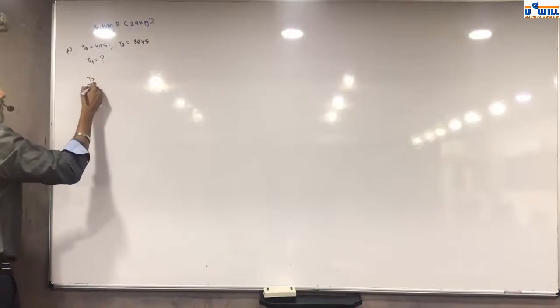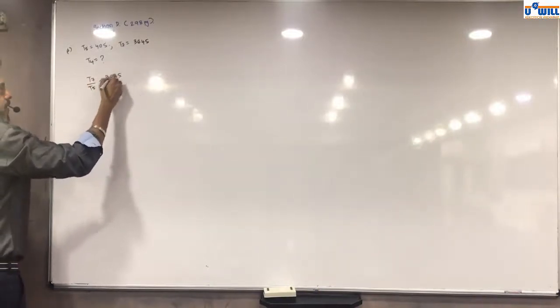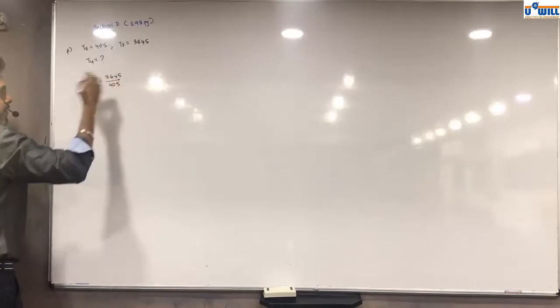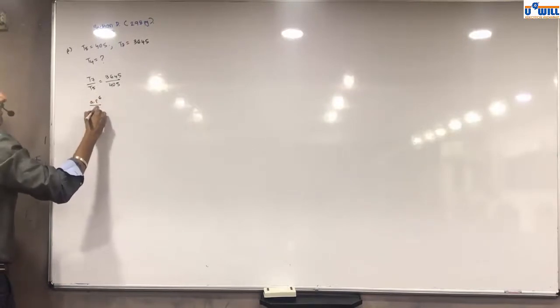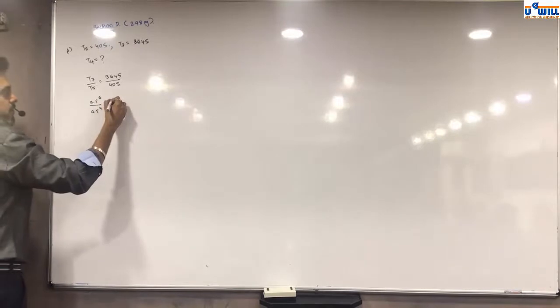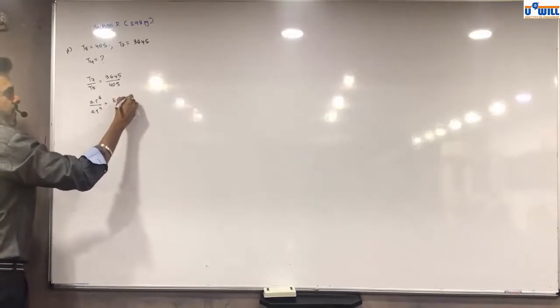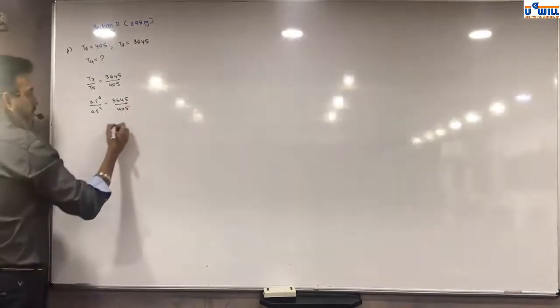T7 upon T5 is equal to 3645 upon 405. Now what is T7? A into r raised to 6 upon T5, a into r raised to 4, is equal to 3645 upon 405. You may simplify if you want.